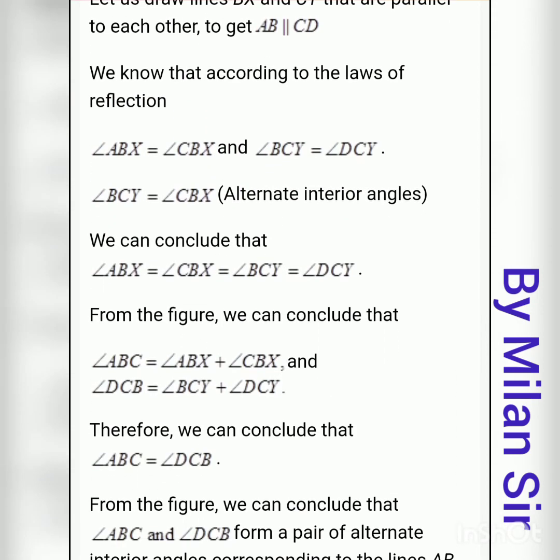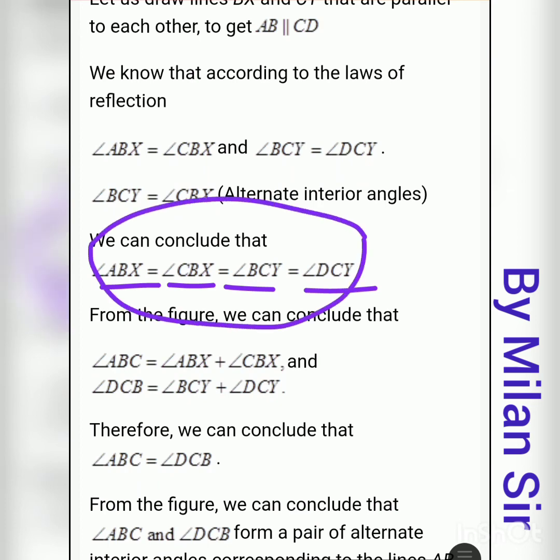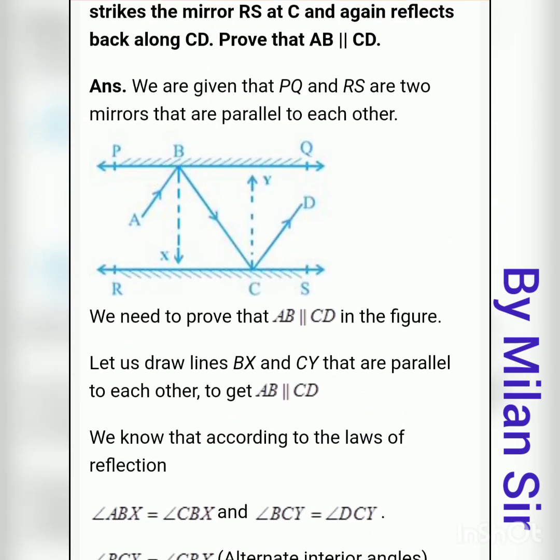So here angle ABX is equal to angle CBX is equal to angle BCY is equal to angle DCY. All these four angles are the same. Now here what we need to prove is that these two angles are the same. If these two angles are the same, then definitely these two lines are parallel lines.